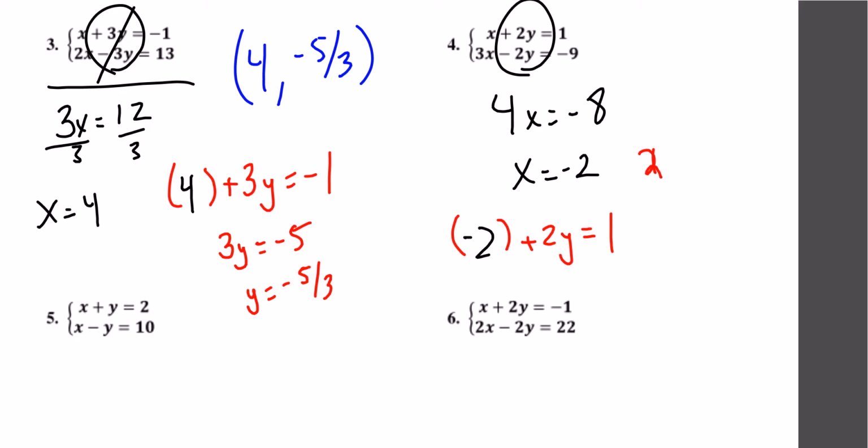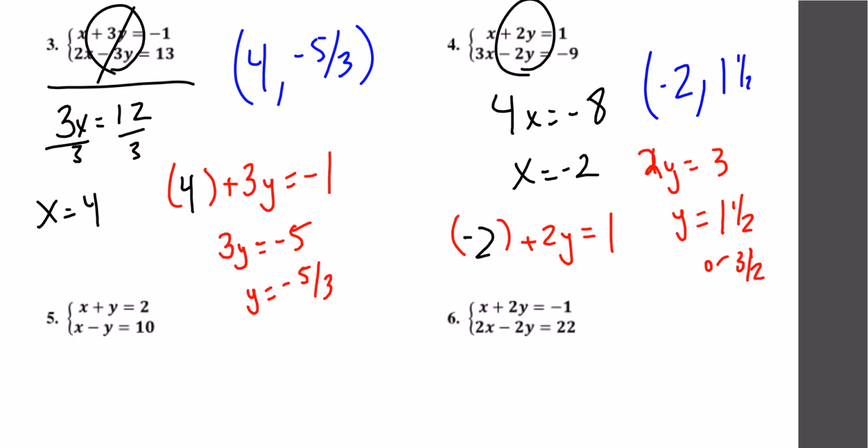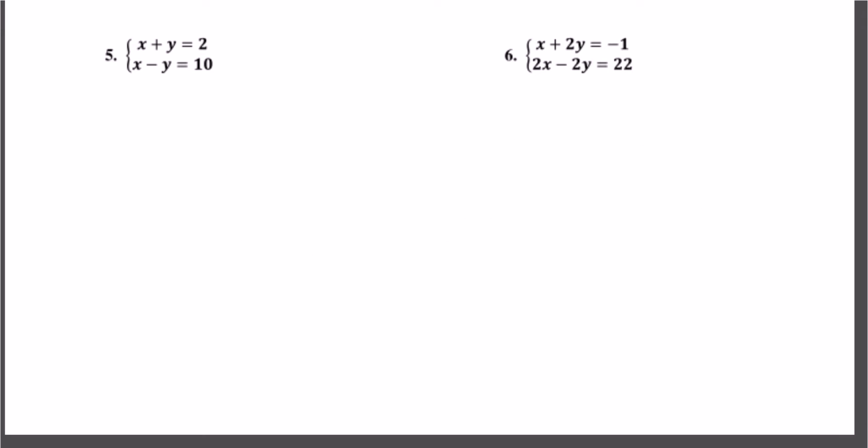So I'm going to get 2y equals 3. So y equals 1.5, or maybe you write 3/2, or maybe you write 1.5. I have an x, I have a y, so I'm going to write it as an ordered pair. I have negative 2, 1.5. And that's it for number 4.